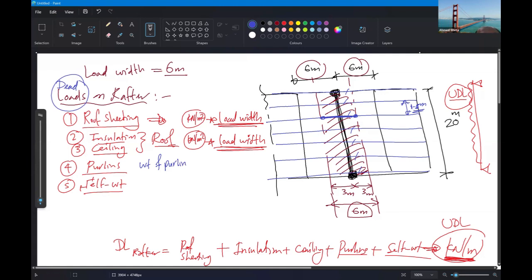So for the weight of the purlin: one purlin times the number of purlins divided by the length of the beam.